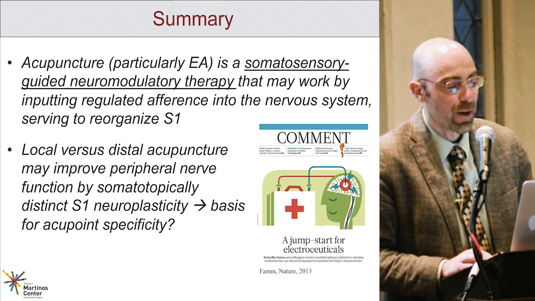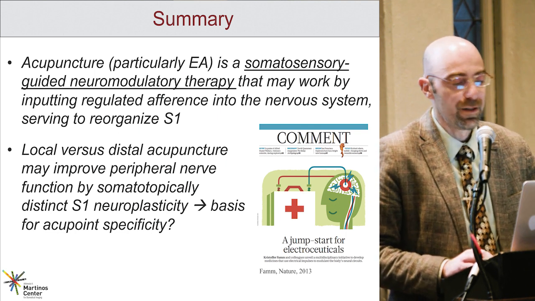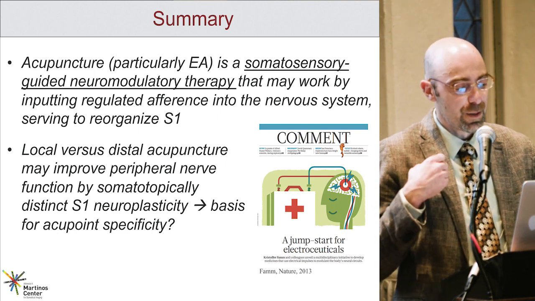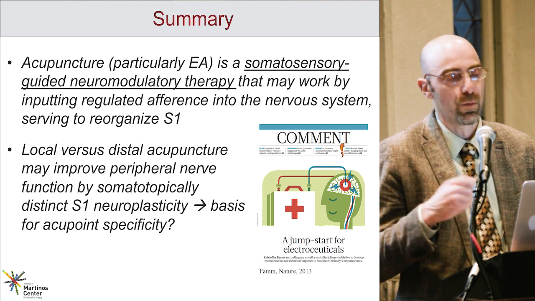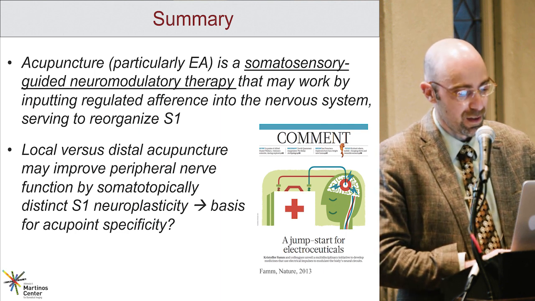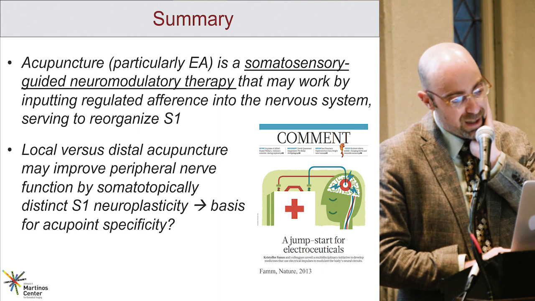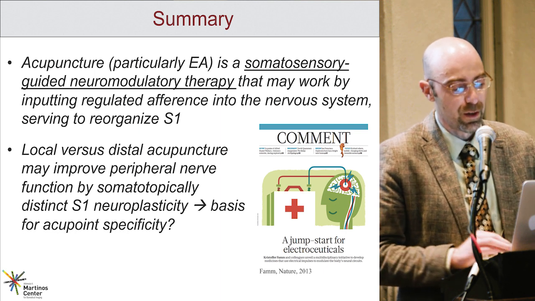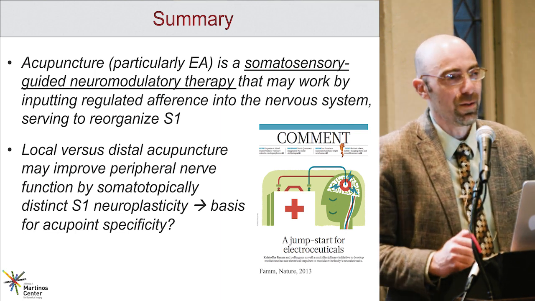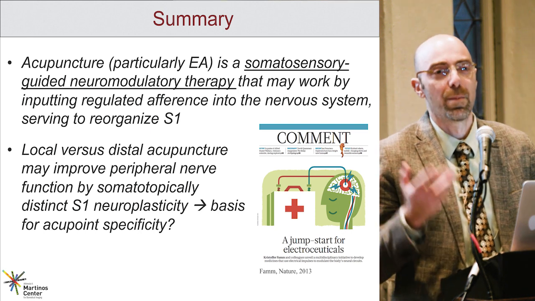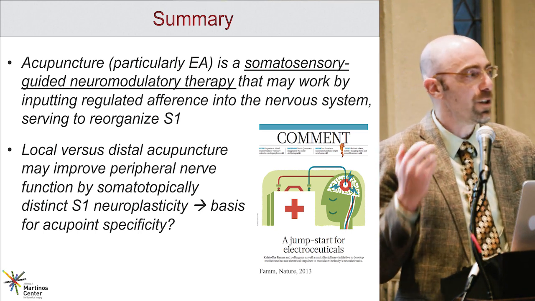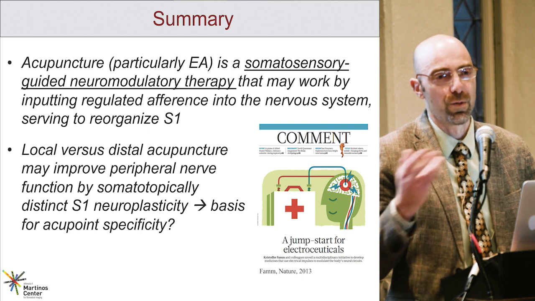So acupuncture, particularly electroacupuncture, is a somatosensory guided neuromodulatory therapy. I think there's been a lot of interest recently in what's called neuromodulation. This was a paper published in Nature, a very prominent journal, about what are called electroceuticals. So this is pharma coming in and becoming interested in electrical stimulation to try to treat disorders.